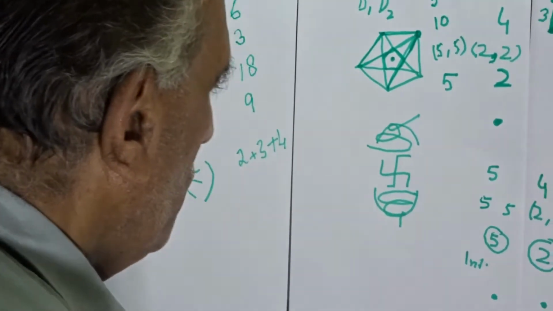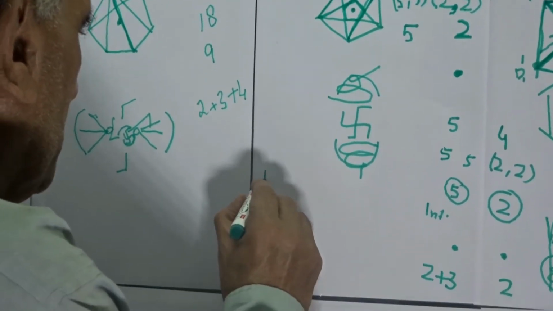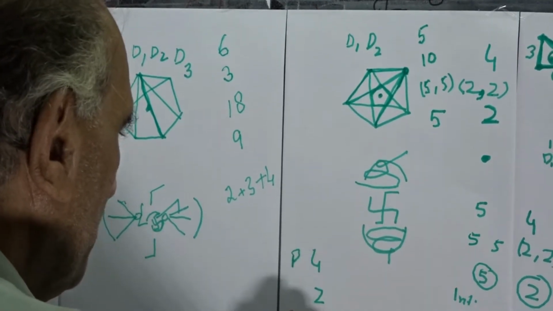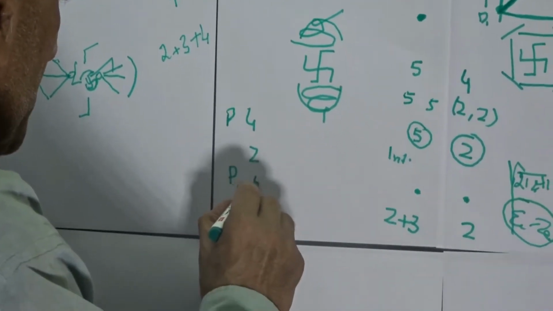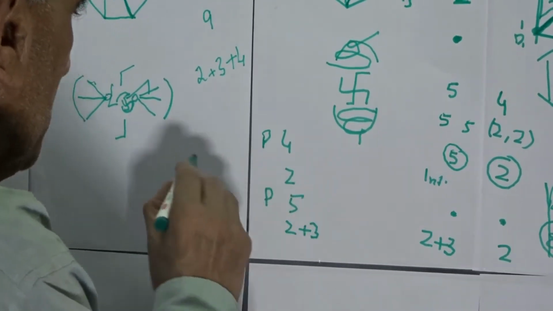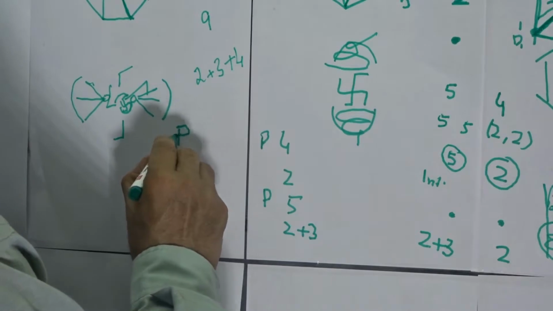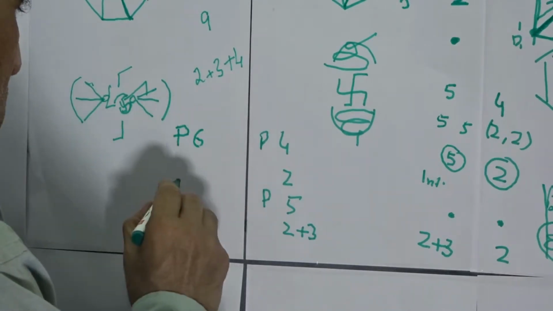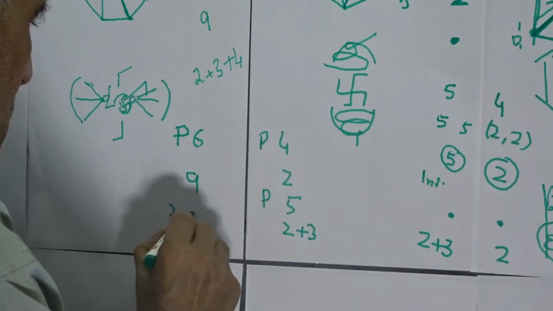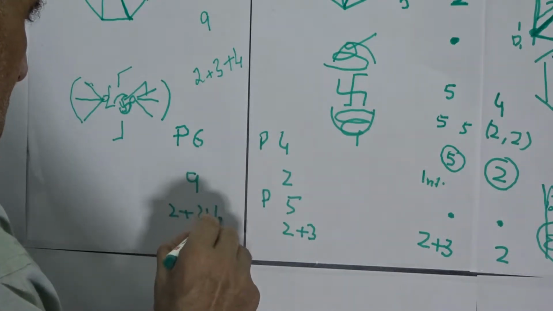We shall make a note: when there is a polygon of 4 sides, we reach 2 diagonals. When we have a polygon of 5 sides, we reach 2 plus 3, 5 diagonals. When we are at a polygon of 6 sides, we reach 9 diagonals, and these are 2 plus 3 plus 4.